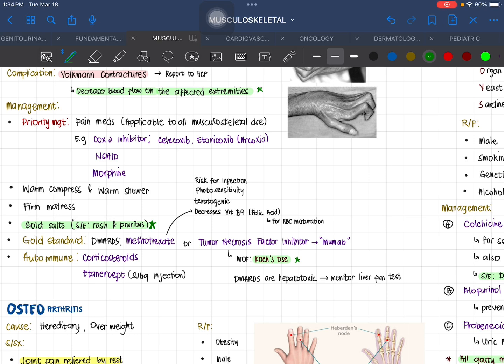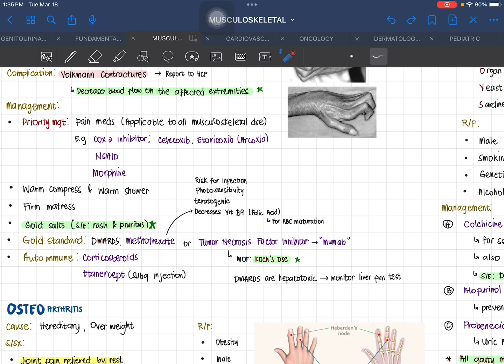Disease-modifying anti-rheumatic drug. So, yan ang meaning ng DMARDs. So, merong kilalang DMARDs na ginagamit sa rheumatoid arthritis. What are those? We have methotrexate.